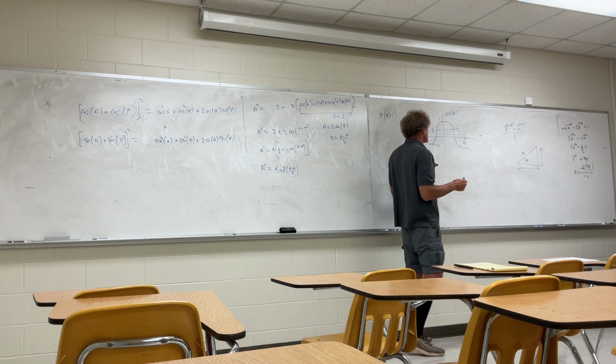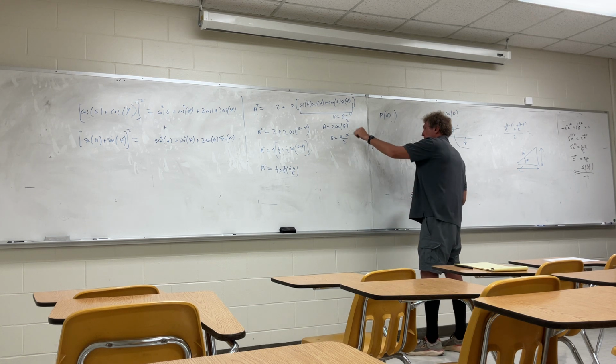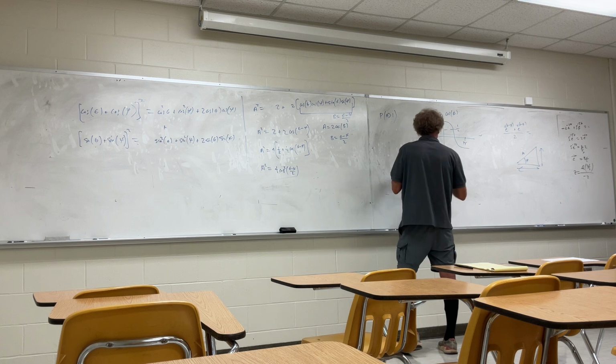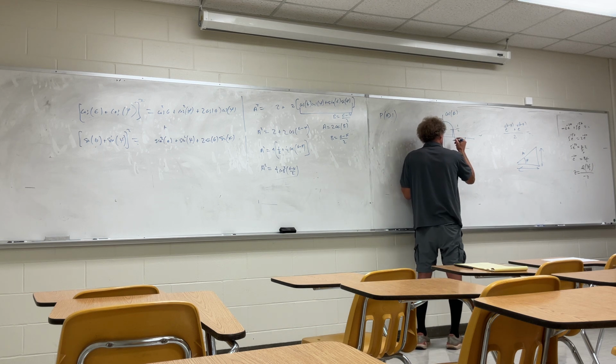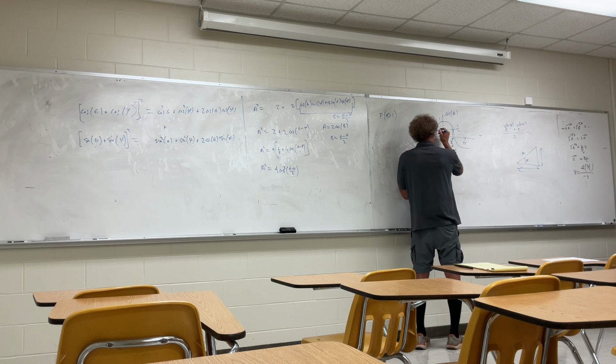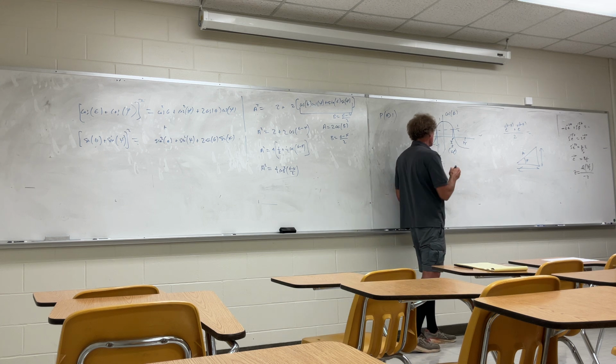And if you take cosine B as 1/2, just set that equal to 1/2, you're going to find that is 60 degrees or pi over 3 right here. And this part right here would be minus pi over 3 or minus 60 degrees. Everybody with me on that?